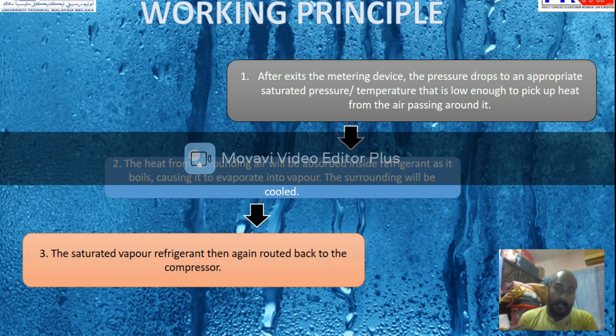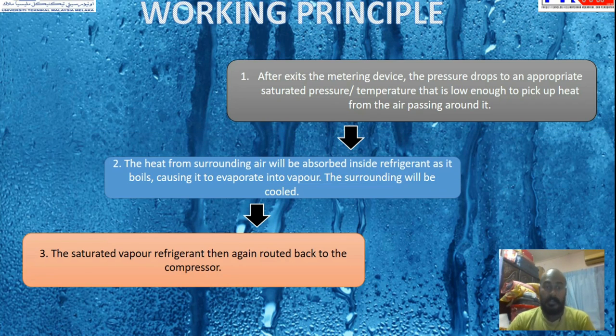The surrounding space will be cooled at the same time. Next, the saturated vapor refrigerant will be routed back to the compressor and continue the refrigeration cycle.